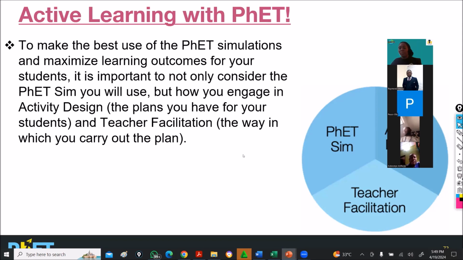You must also think how to engage in your active design, which is your sheets, the plans you have made for your students, and your own teacher facilitation, what you do each step of the way. You should have that plan, so it is very critical. You need your PhET sim, you need your activity design, and also you need to state your teacher facilitation guide and steps.